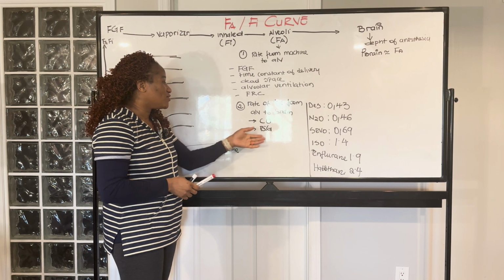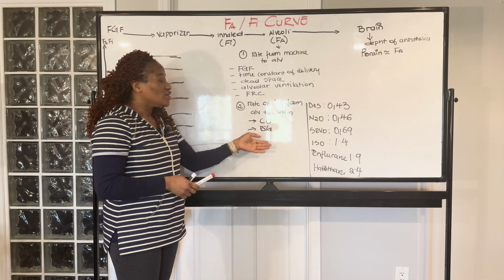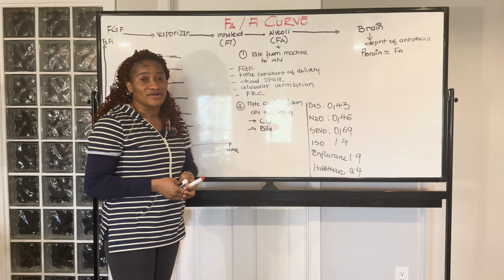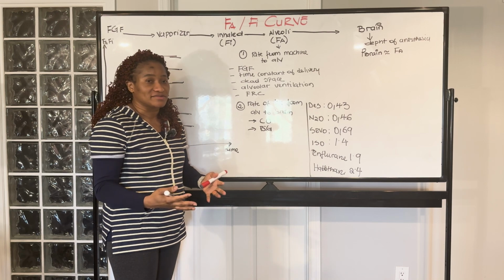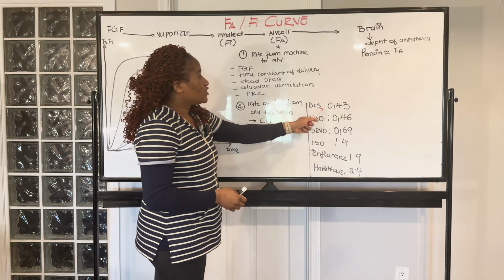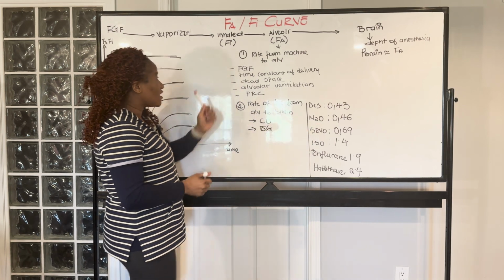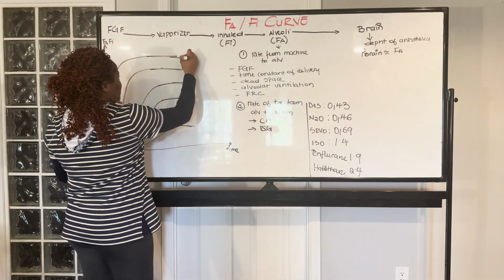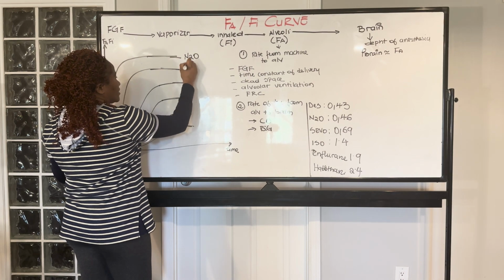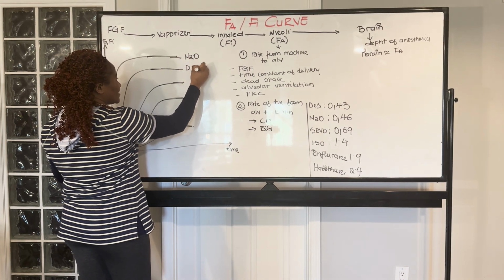So if you have a low blood gas partition, you are not that soluble in the blood, so you get in the brain faster. And even though desflurane is lower than nitrous, nitrous oxide is going to get in the brain faster than dex. And we're going to see why.